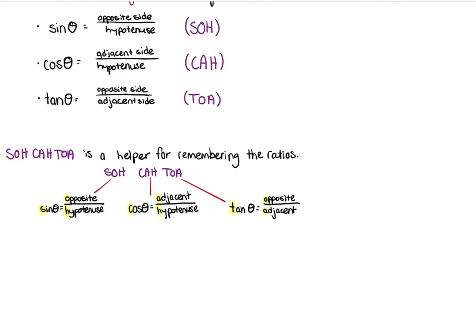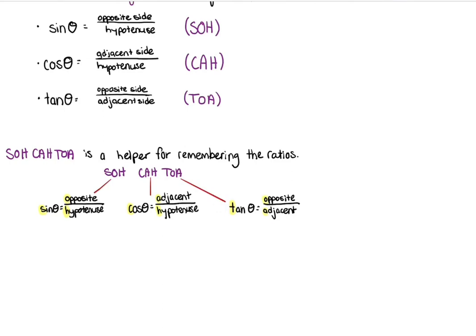SOH helps you remember sine is opposite over hypotenuse, because S is for sine, O is for opposite, and H is for hypotenuse. Then we've got CAH, so for cos is adjacent over hypotenuse. If you're starting to notice, the first letter is what these are standing for. Then our last one, TOA, is tan, opposite over adjacent.